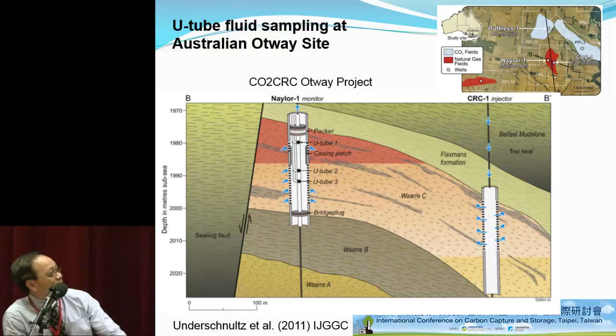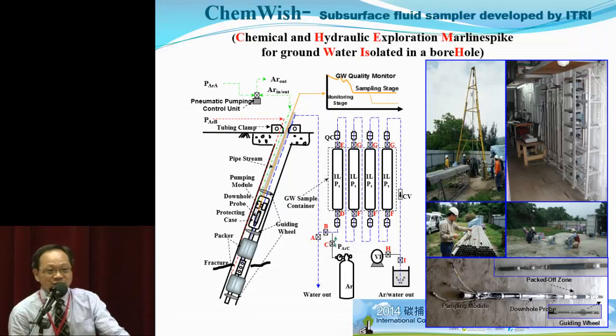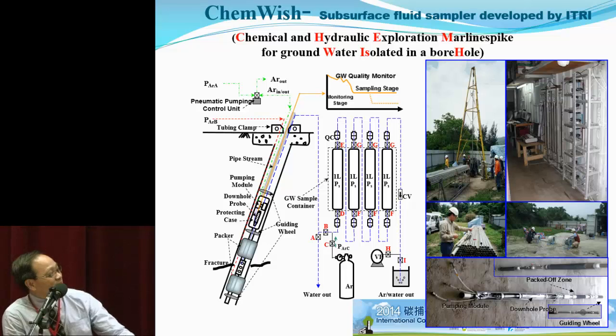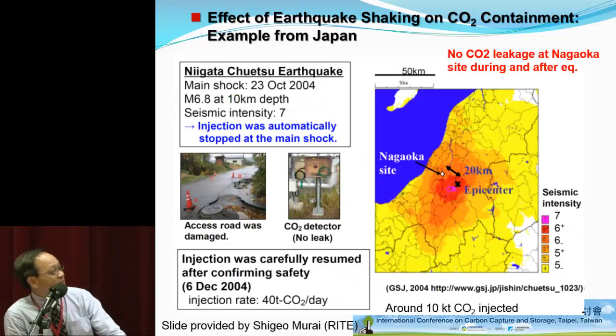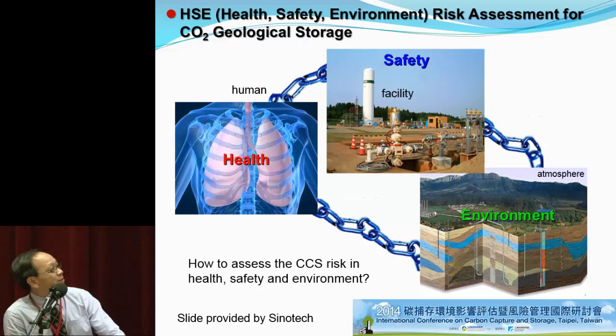The CO2 migrates here and is tracked by this well. Similar technology has been developed by my colleagues at E3. They call it ChemWish, which samples the subsurface fluids in the deep subsurface.